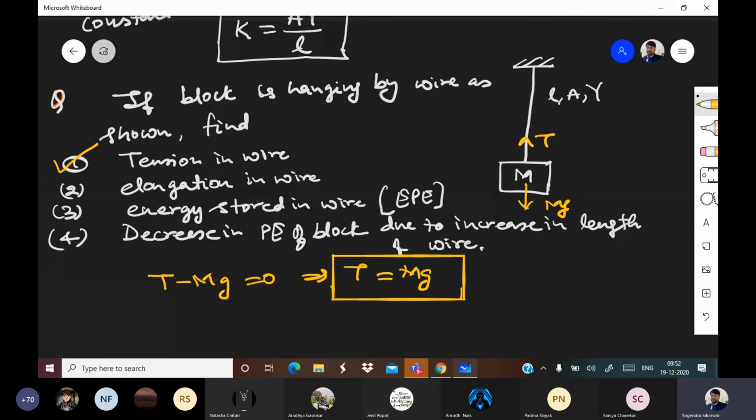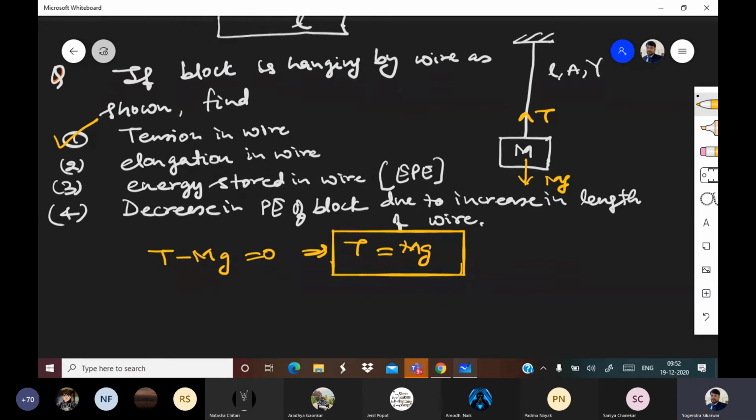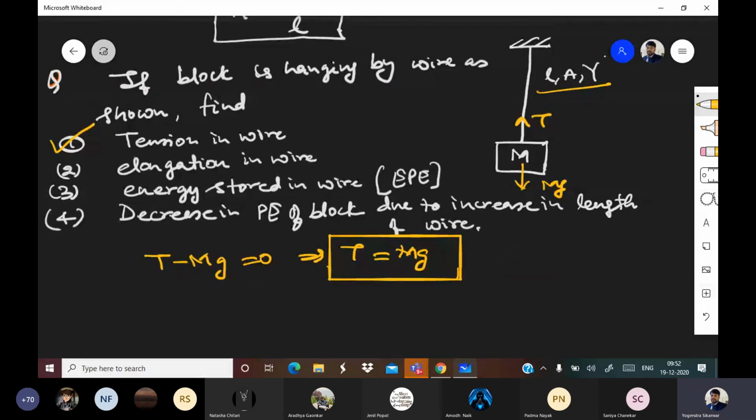So how much will the wire get elongated? To solve this elongation part, we need to take help of Young's modulus. So by Young's modulus, directly, Y is equal to (F/A) upon (delta L/L).